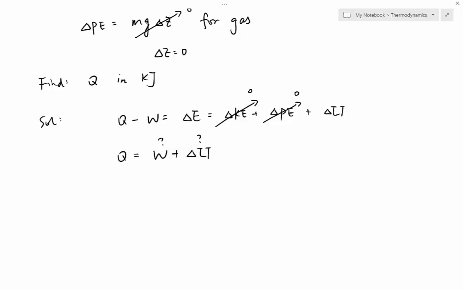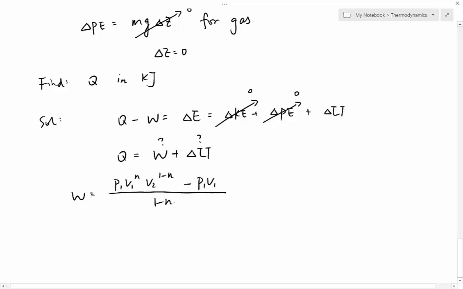Let's start from the first one, W. How do we find work? We can use the equation we derived earlier: (P2 V2 minus P1 V1) divided by (1 minus n), which in terms of P1 and V1 is P1 V1 times (V2 over V1) to the 1 minus n, minus P1 V1, all divided by 1 minus n. That is the equation we used before, and then we just repeat. P1 is 3 bar, make sure you use Pascal, multiplied by V1, the initial volume, 0.1 given. Index n is given, 1.5.